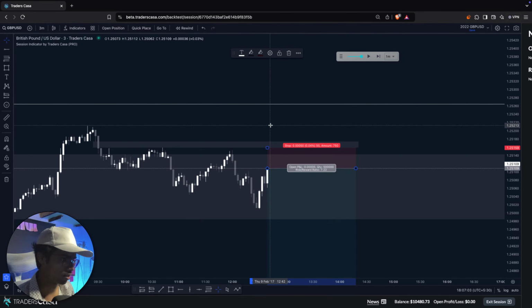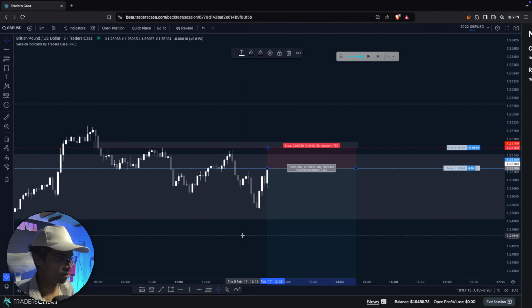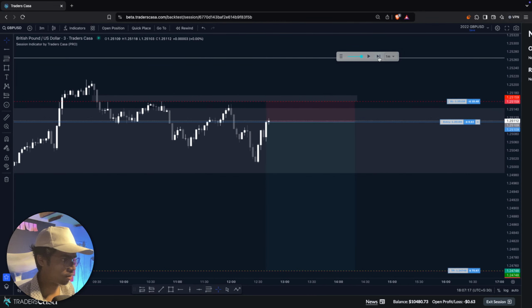Okay, if it takes out this thing, that's it. I'll enter. So open position, I'll sell at market, current balance. I had a loss last time, so yeah, we are going to go with 10% on this trade. Now let it be.